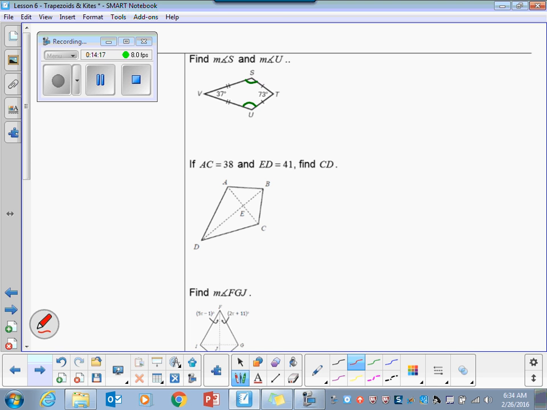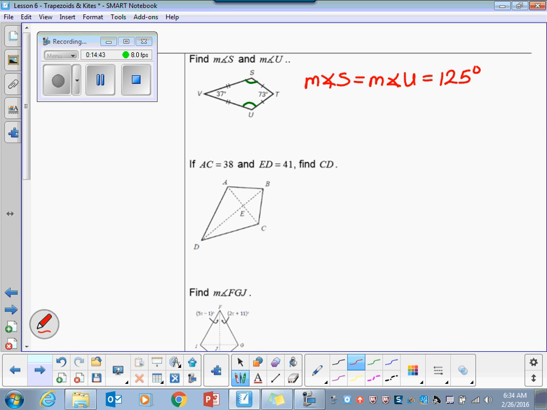Plus, this is a quadrilateral, which means the angles add up to 360 degrees. So 360 degrees minus 73 minus 37, and then divide by 2. My two congruent angles are 125 degrees.